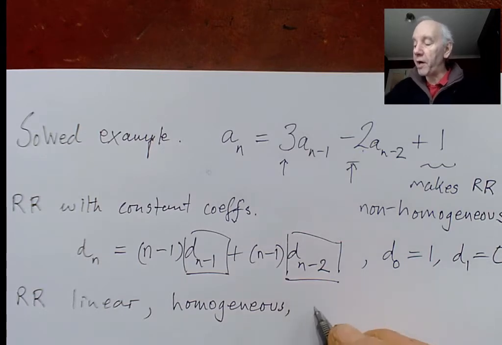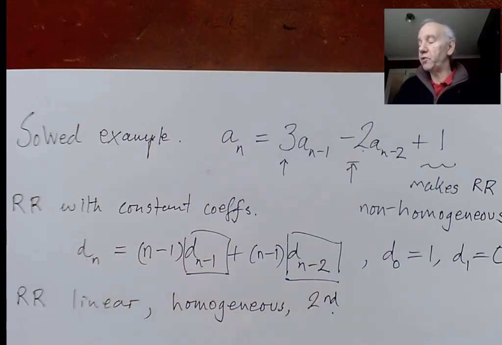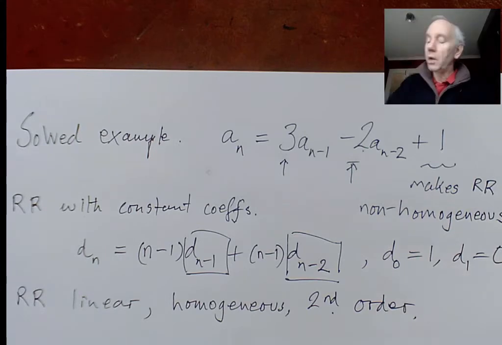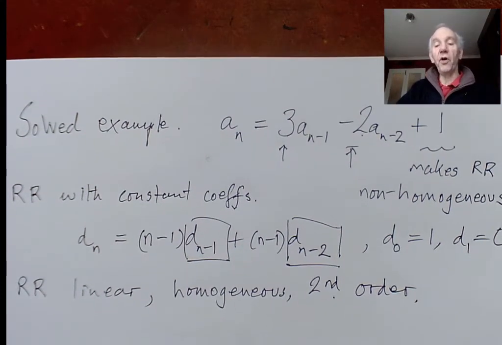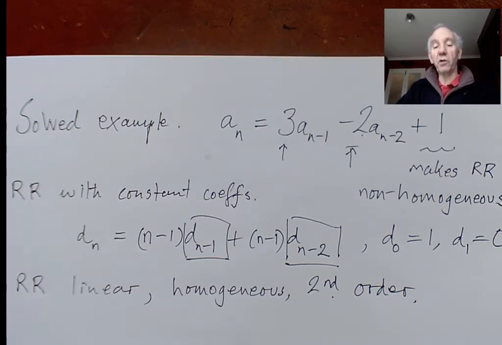It's like the one above, second order, because it involves expressing the first term in terms of two successive ones. So that's another example of a homogeneous relation, but it's not of the sort I want to consider today because it doesn't have constant coefficients.